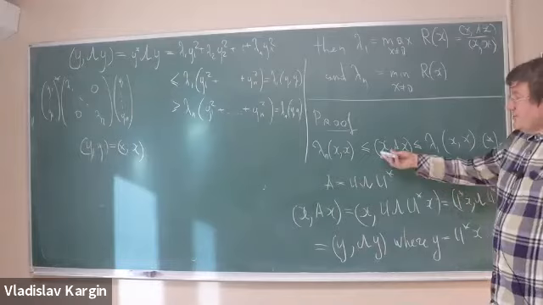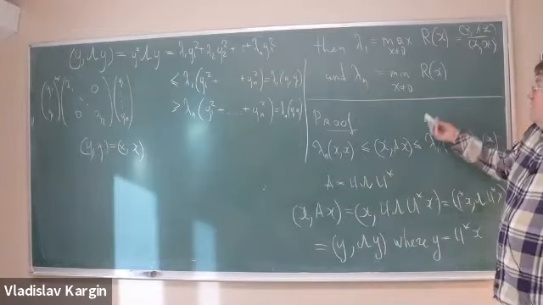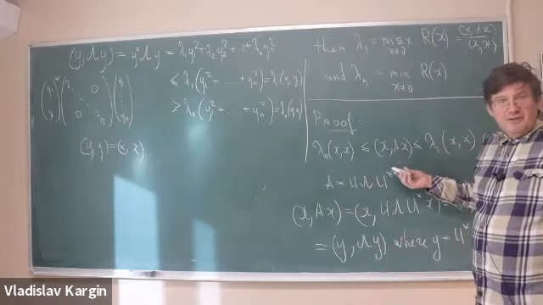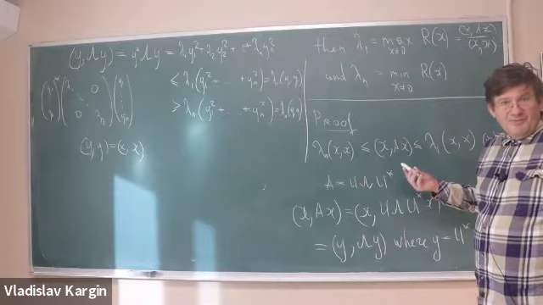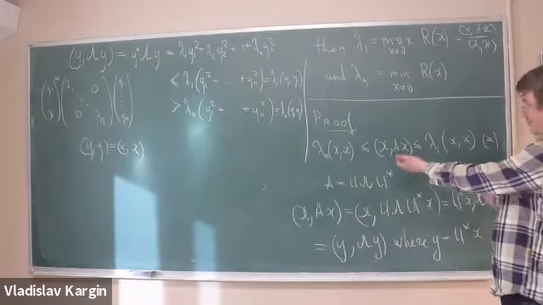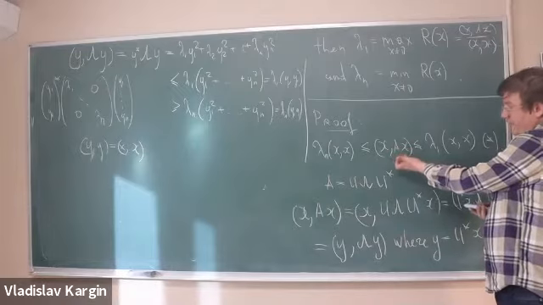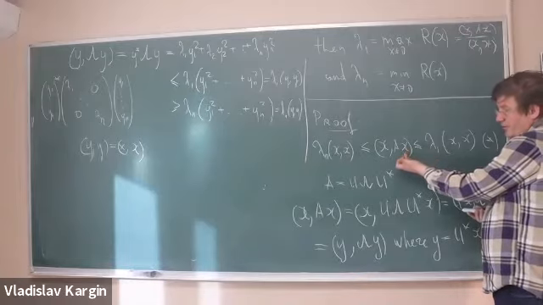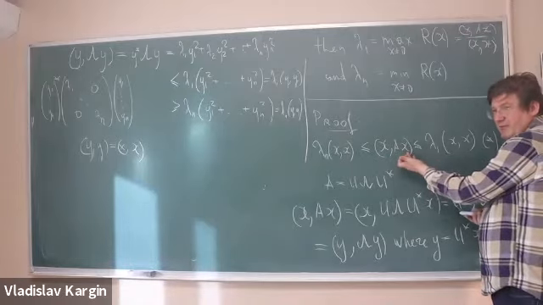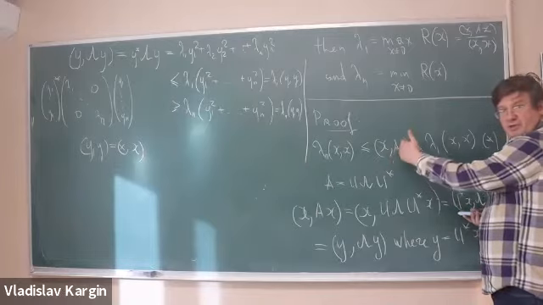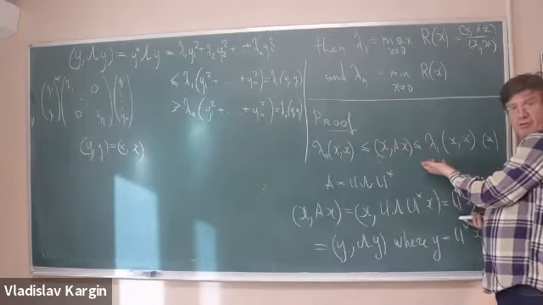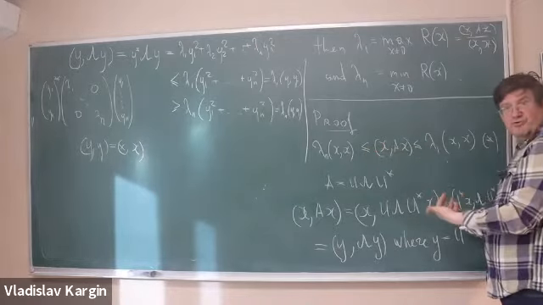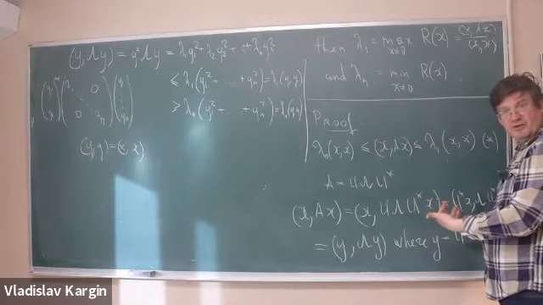So why is the minimum achieved? Well, just take the eigenvectors corresponding to these eigenvalues and calculate. If you take the eigenvector which corresponds to eigenvalue lambda 1, then A multiplied by X will be lambda 1 X. You take lambda 1 outside and you get equality here. So these inequalities are achieved on the corresponding eigenvectors.